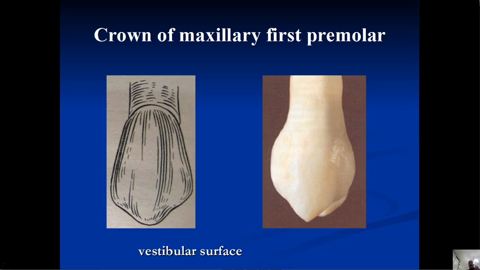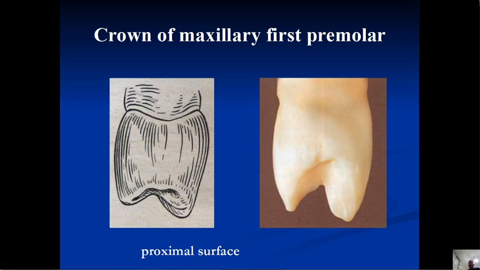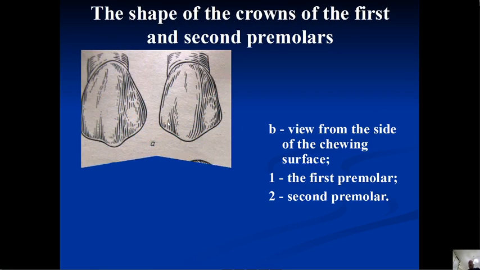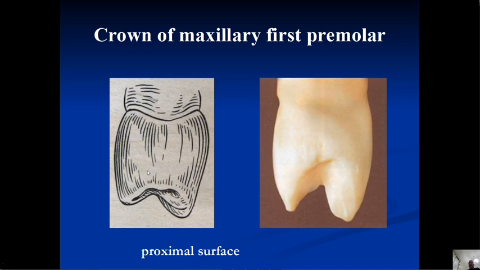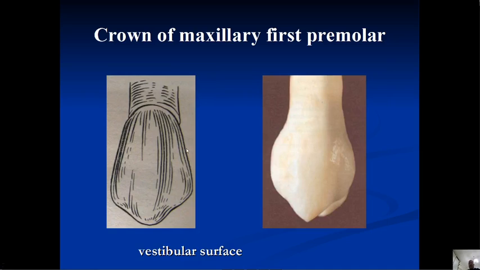So they have a very special form, and you need to be very careful when you prepare them, because they have a very big vestibular-oral side, and not a very big other side, and they have the pulp chamber in these zones.